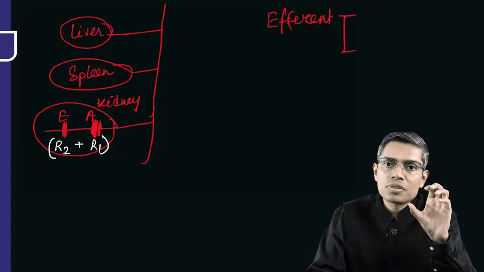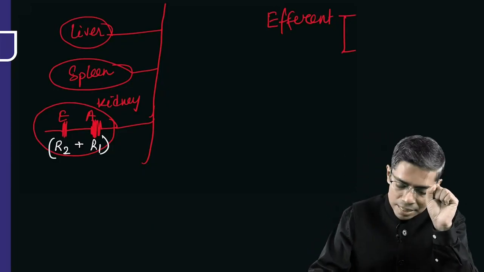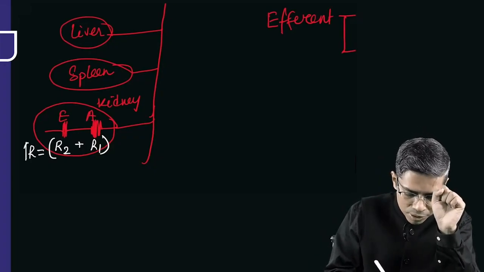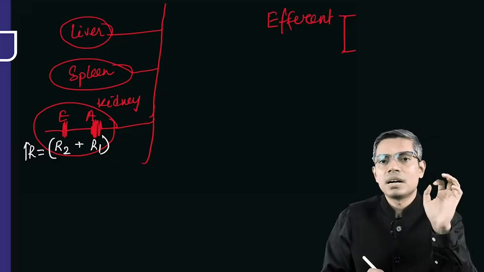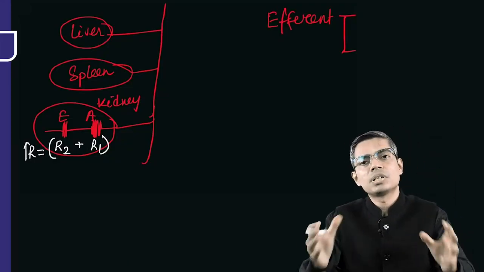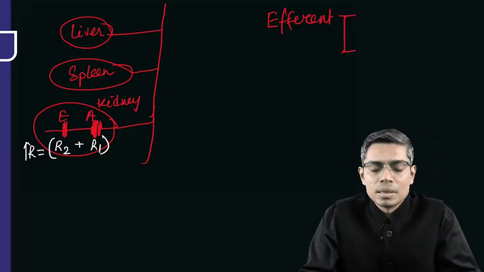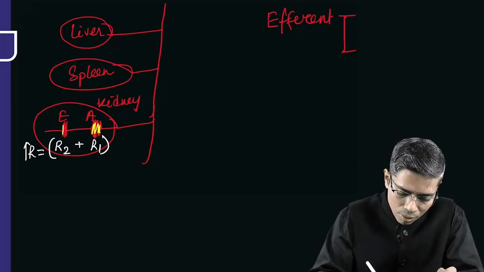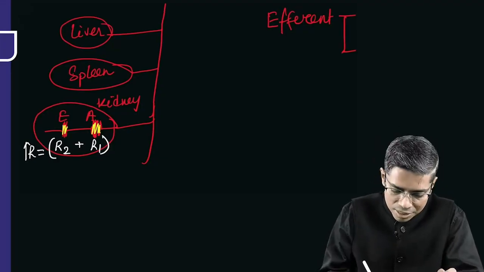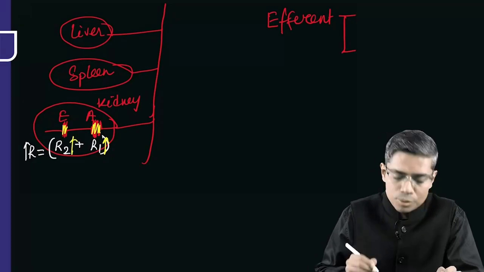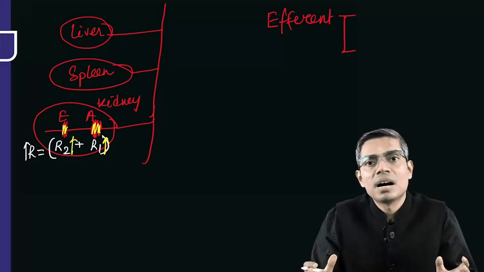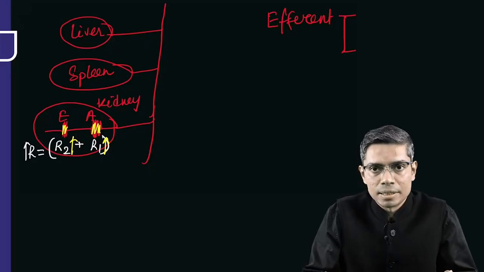So if you cause constriction of the afferent arteriole, then the total resistance will increase. If you cause constriction of the efferent arteriole, then also the total resistance of the kidney will increase. Means whenever you are constricting the afferent or efferent arteriole, whether you are raising your R1 or R2, the total resistance of the kidney will be higher than normal.